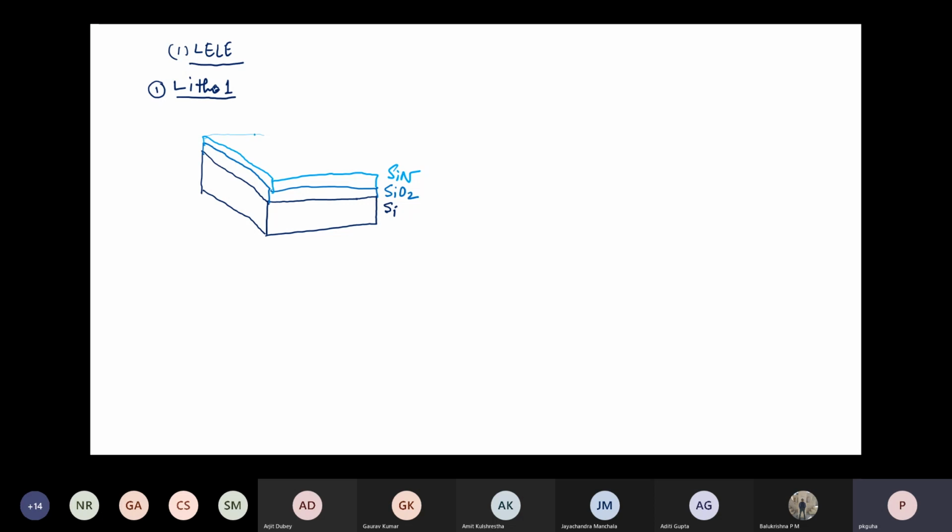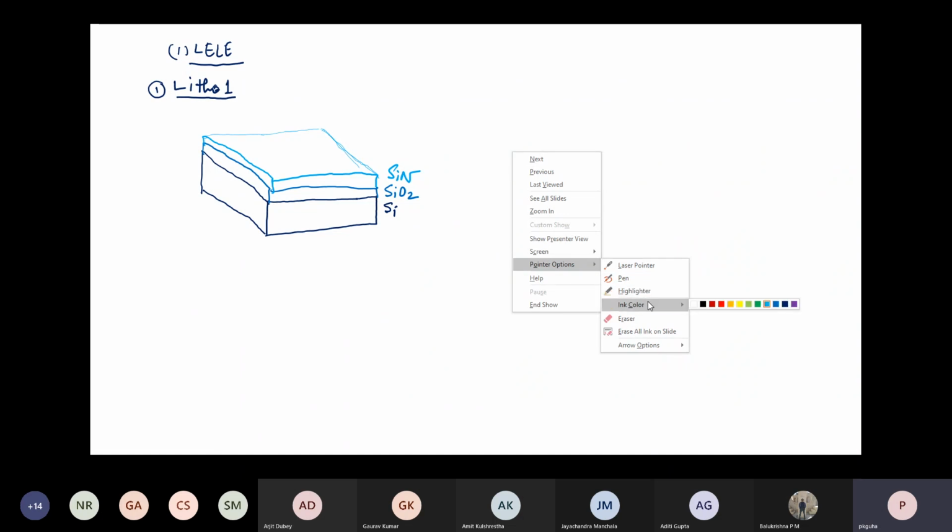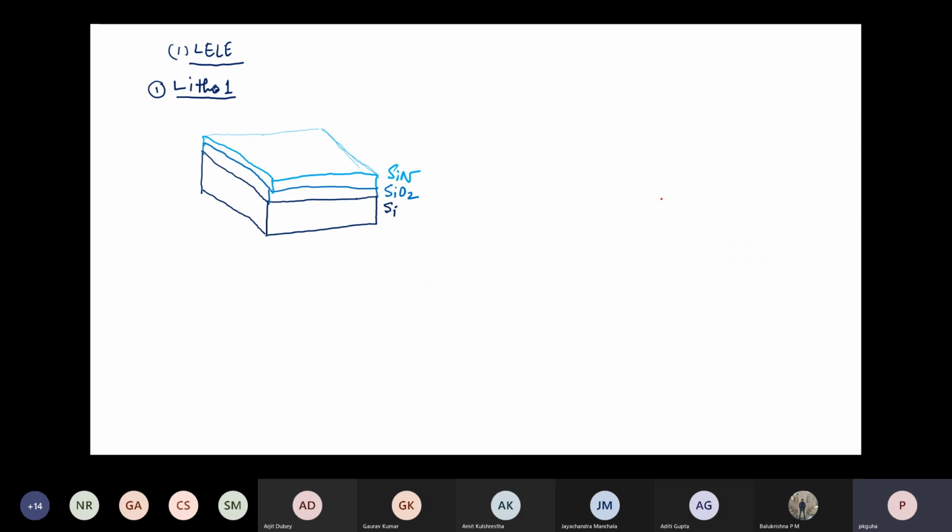Don't draw it now; first you see, then you can draw later if required. So I put resist, spin coat it, and then write a pattern.